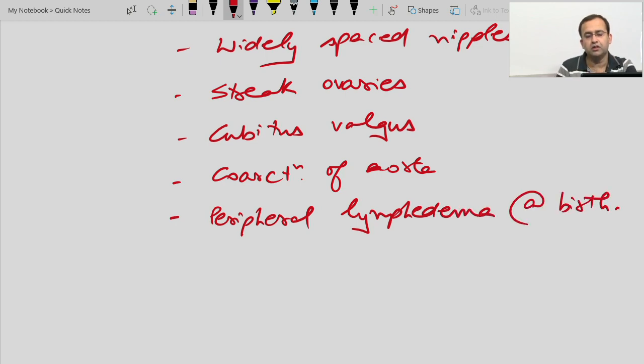These are the clinical features of Turner's. Easy to remember. So let us see more questions associated with these.